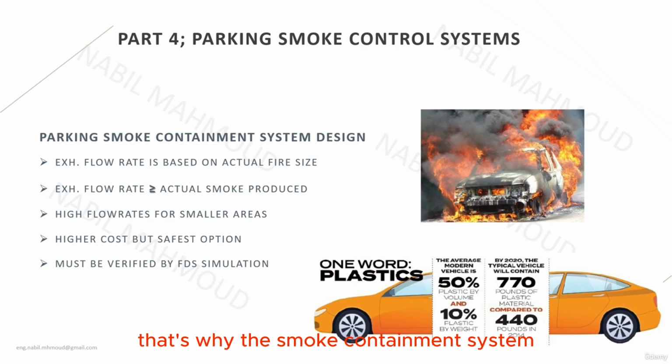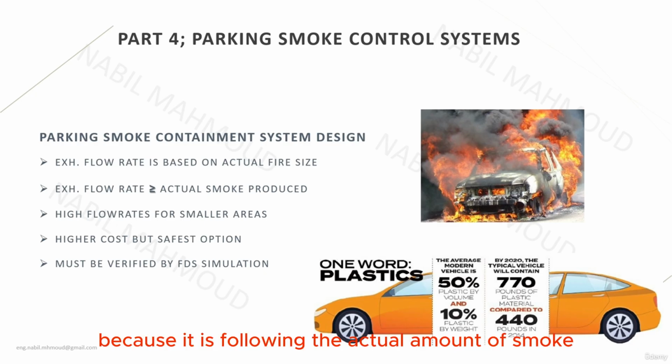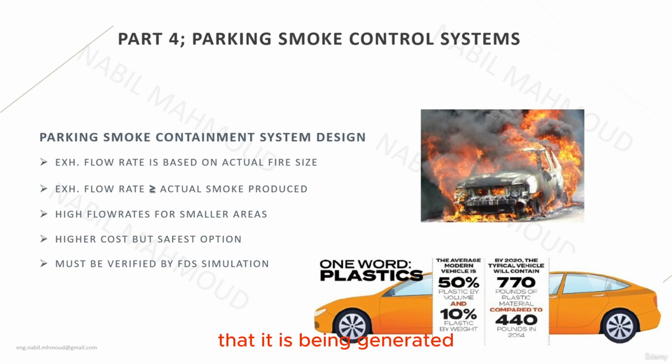That's why the smoke containment system requires a relatively large exhaust flow rate, because it is following the actual amount of smoke that is being generated due to the fact that the car contains a relatively large amount of plastic.